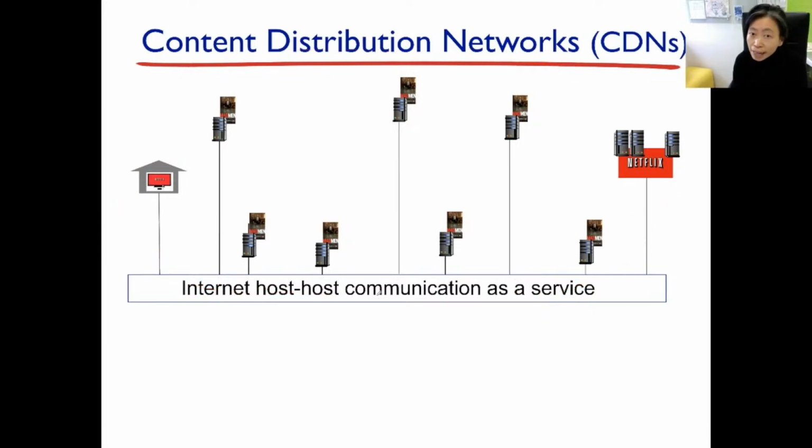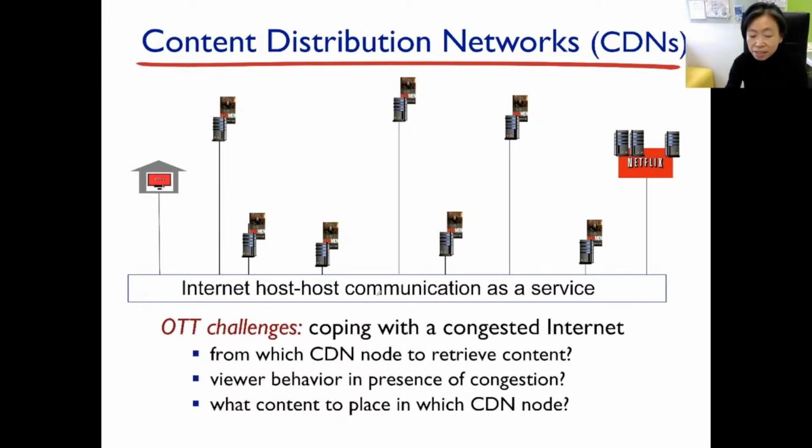Now, maintaining such a network such that it works very efficiently distributing content is not easy. There are a lot of key design challenges. One is, as we mentioned earlier in the example, the client will select a nearby CDN node to retrieve the content. That is usually because the delay will be shorter, and the segment of the internet involved in the communication is short as well, therefore less chance of other traffic interfering.